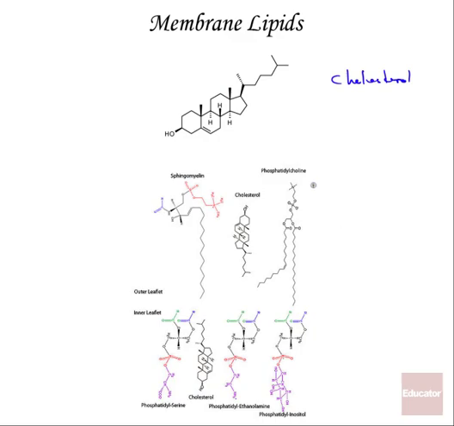Okay, I decided to bring back this particular illustration down at the bottom half of the page so you can see now that we've discussed all of the classes. So we have our sphingomyelins here. Let's see, so we have our sphingosine.